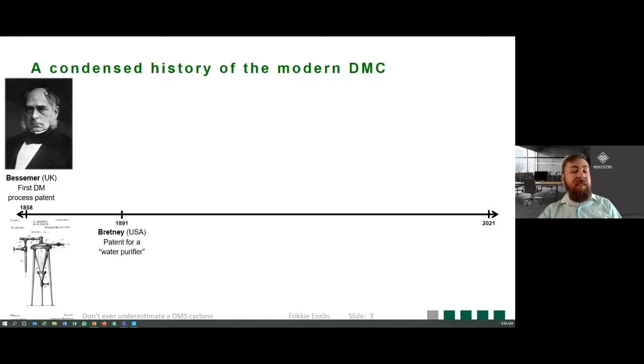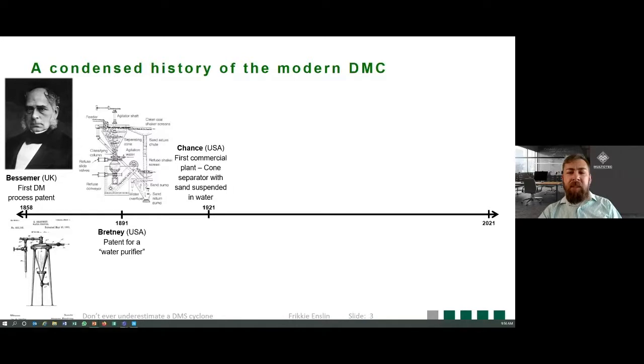So then in 1891, a 43-year-old Eugene Bretney filed a patent for something which he called a water purifier, which, as you can see in the bottom left corner of your screen, is a very early ancestor of modern day cyclones, both hydrocyclones and DMS cyclones.